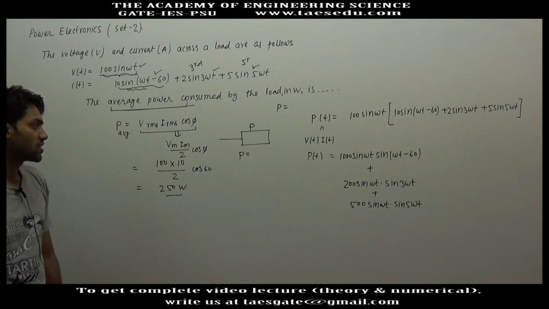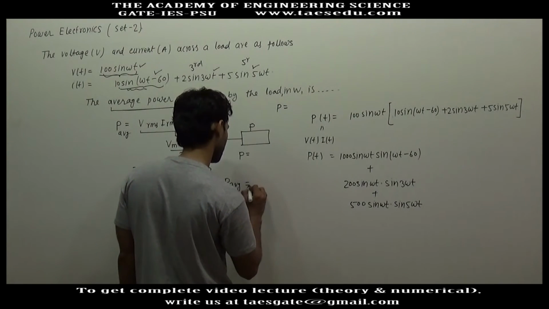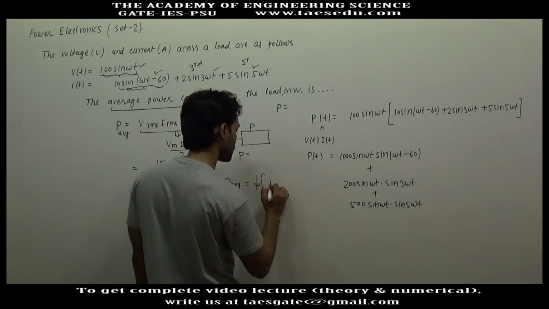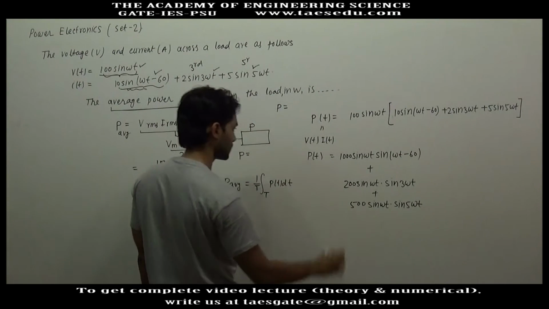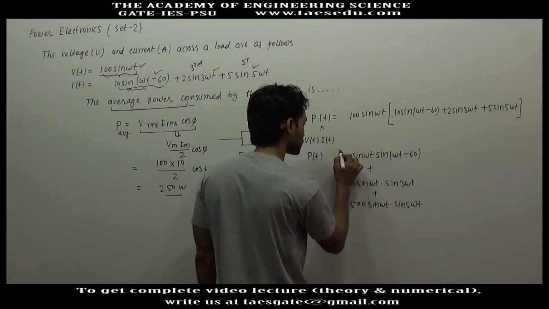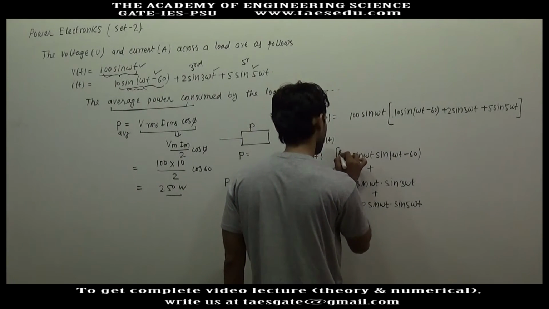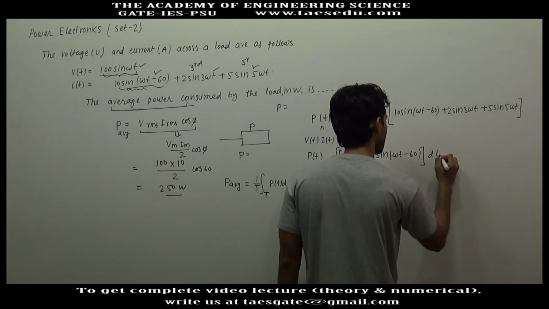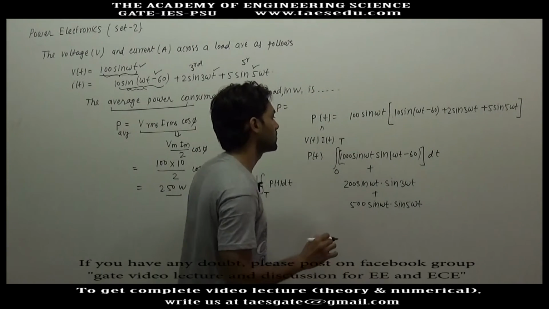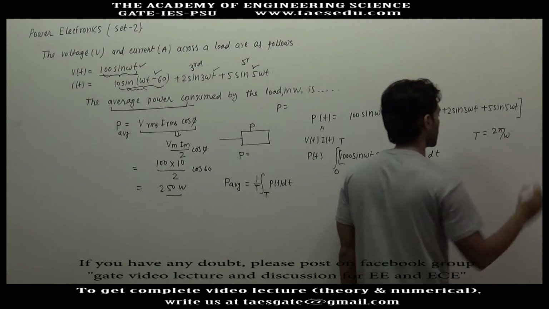Now to take the average power, the average power will be 1 by T integration over T of Pt dt. So we need to integrate this from 0 to T, where T is 2 pi by omega.